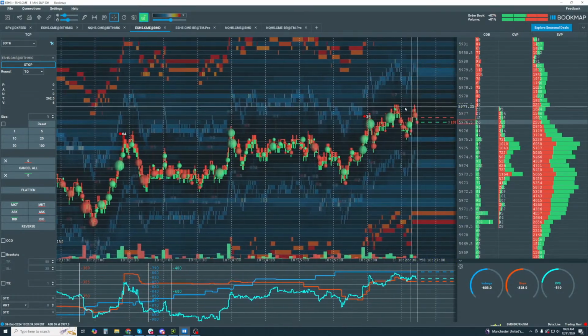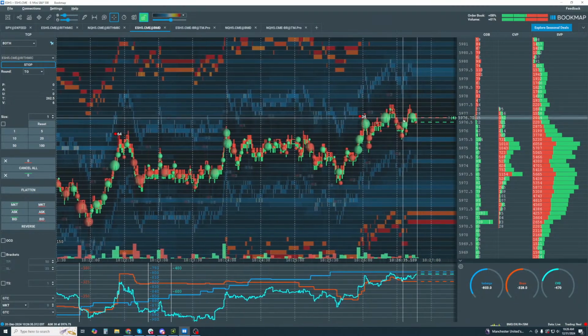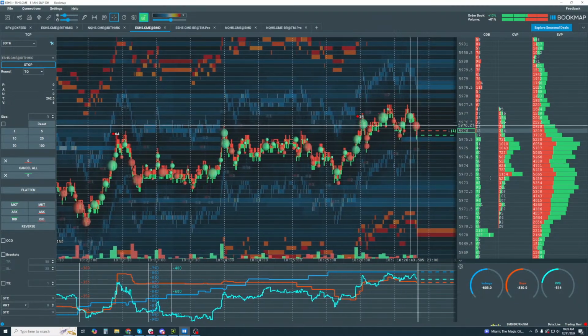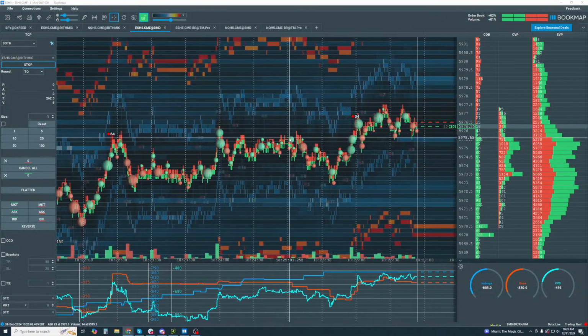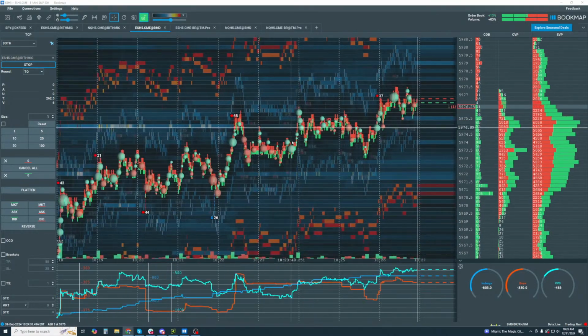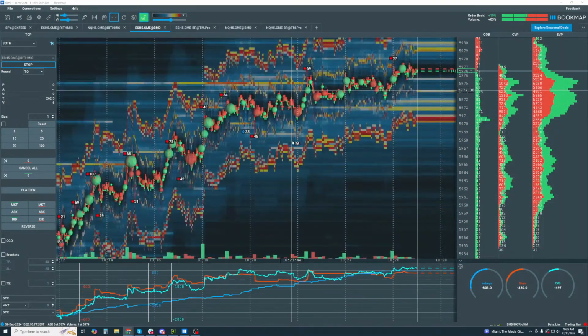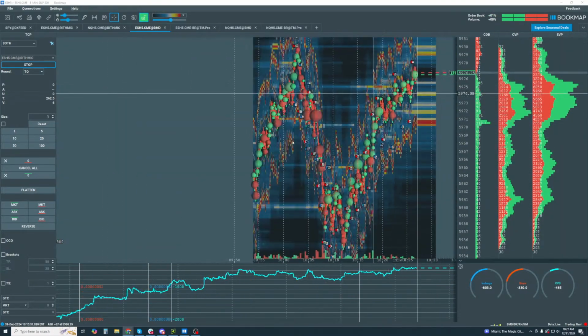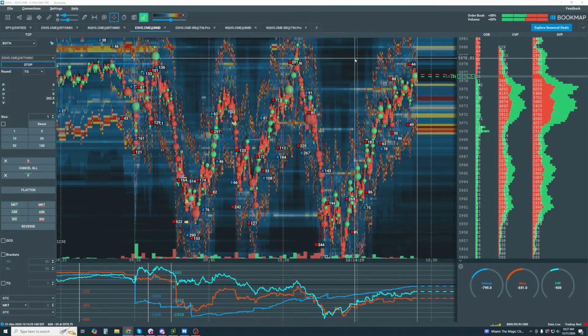Test and a lack of buying. Let's take a look. Let's zoom out here. Still kind of looking for this to go a bit higher here.